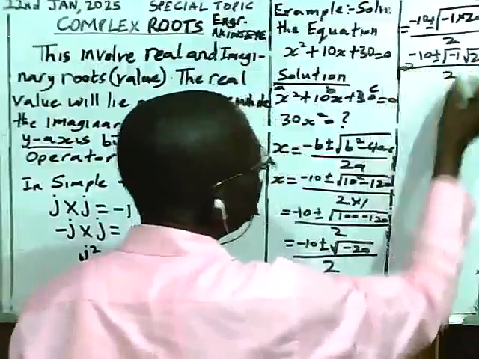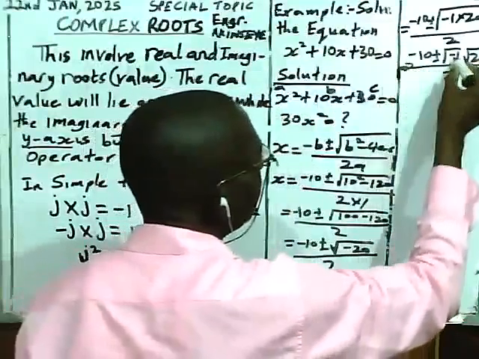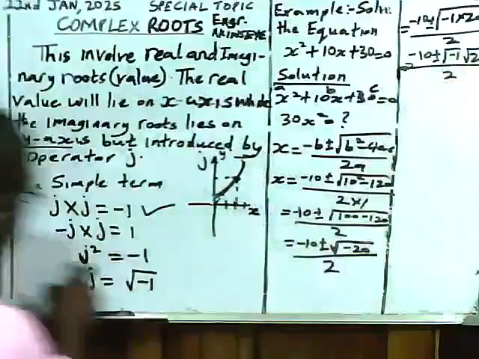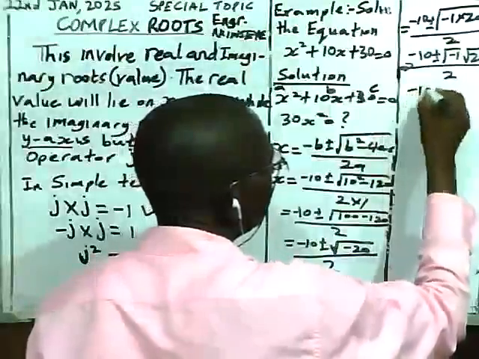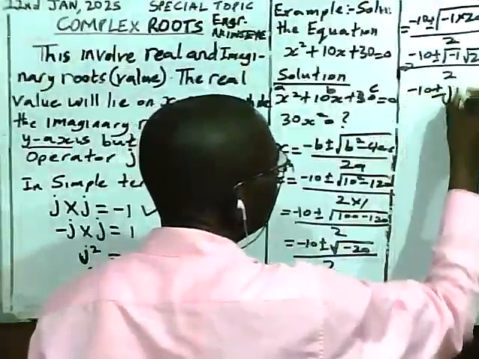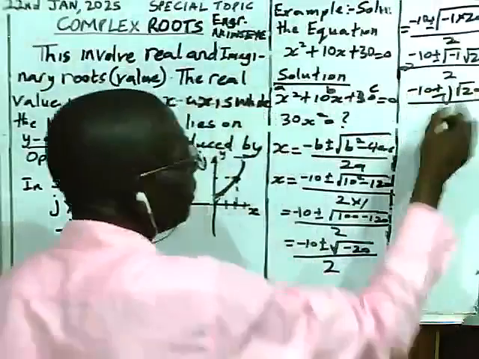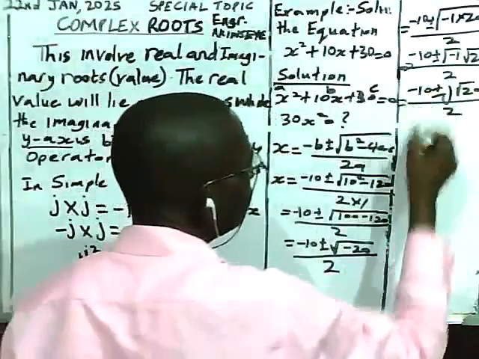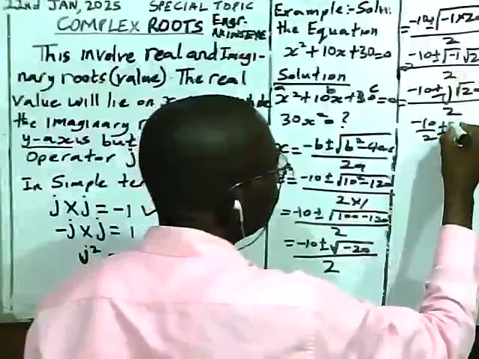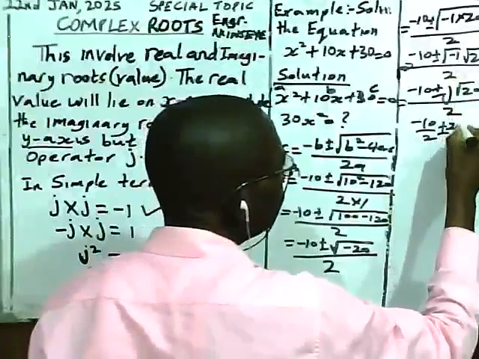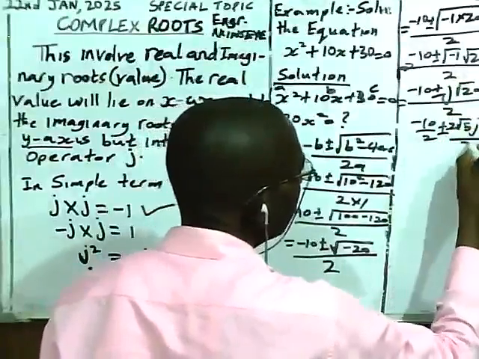That implies the root of minus 1 we can have as J, the operator J. So that will be minus 10 plus or minus J root 20. And this root 20 can also be split. It will be minus 10 over 2 plus or minus, when we split this, it will be 2 root 5, then we put a J here, the imaginary, over 2.